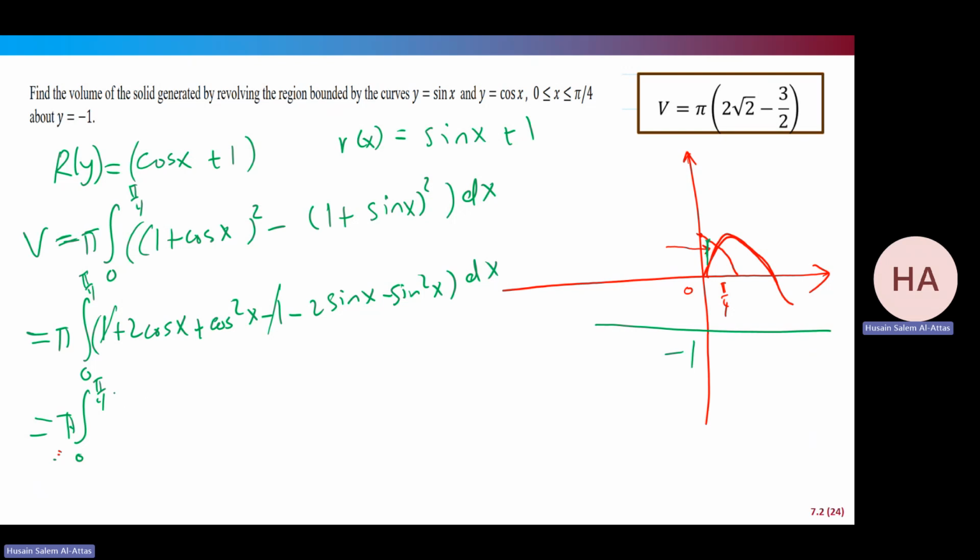You have 2 cosine x minus 2 sine x plus cosine square minus sine square. What is this? Cosine double angle, dx.